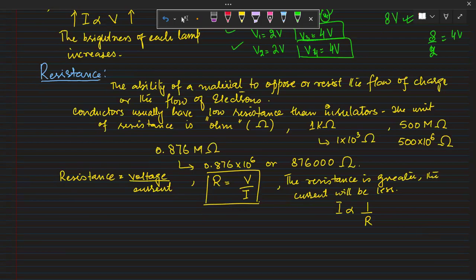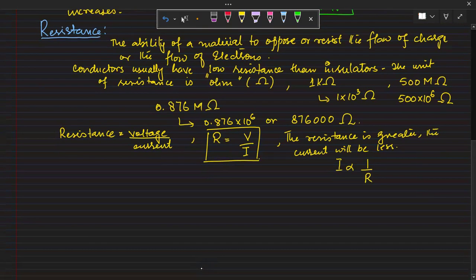All right, so we were discussing the current and resistance relationship, right? If you increase the resistance, the current decreases. For example, let's have one circuit where we have one cell, and a resistance is connected, and a lamp is there.